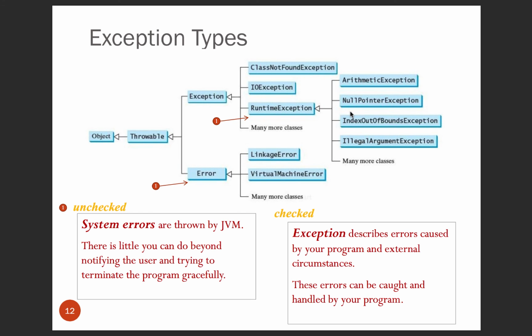Basically, for unchecked exceptions the system doesn't check those errors. However, for checked exceptions, the compiler forces you to do something, so that you can check those errors before going to runtime. Those kinds of exceptions are checked by the compiler, and it will force you to write some protections before running. We'll see those examples.